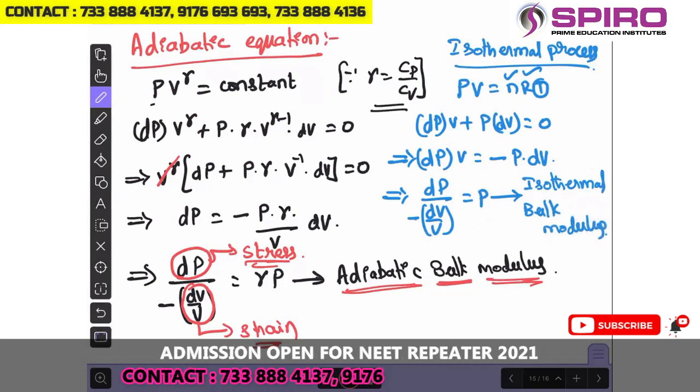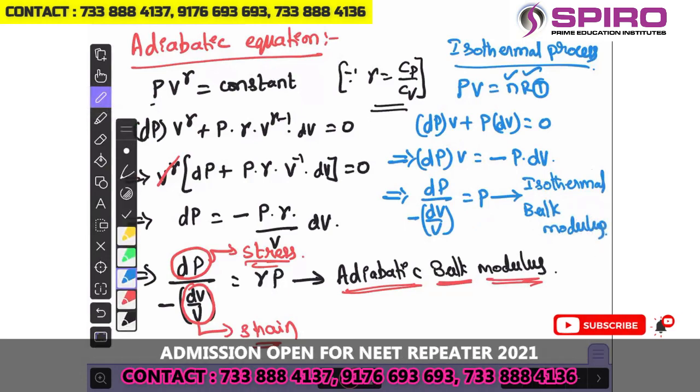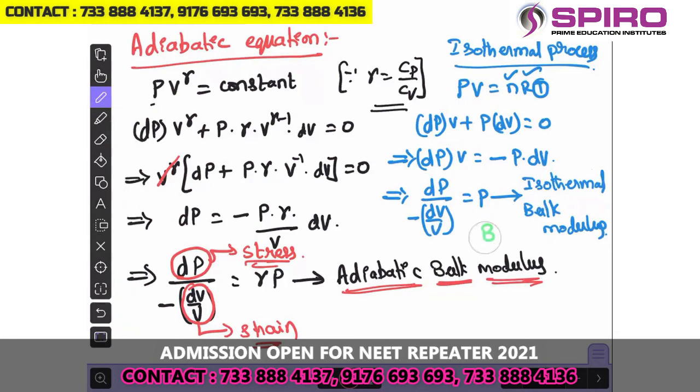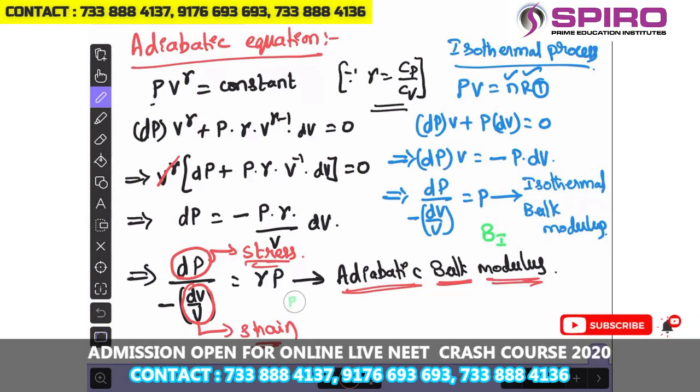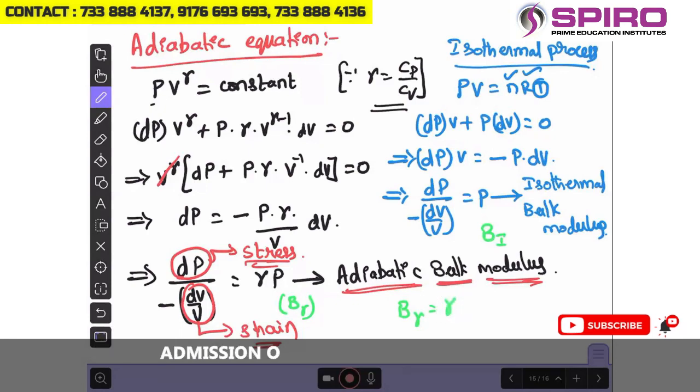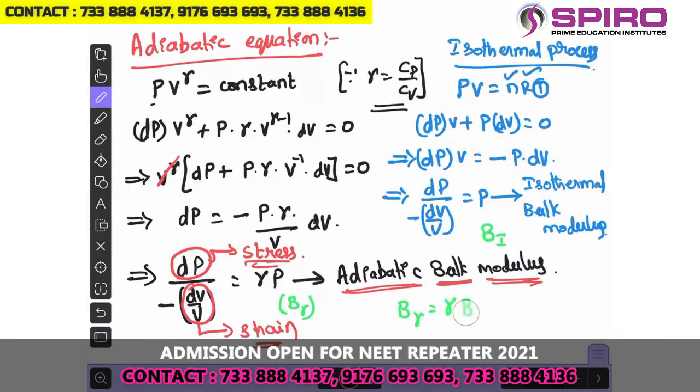Let me write the isothermal bulk modulus as B isothermal and this as B adiabatic. So the adiabatic bulk modulus is equal to gamma times the isothermal bulk modulus.